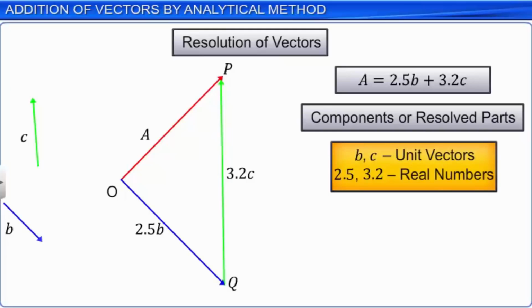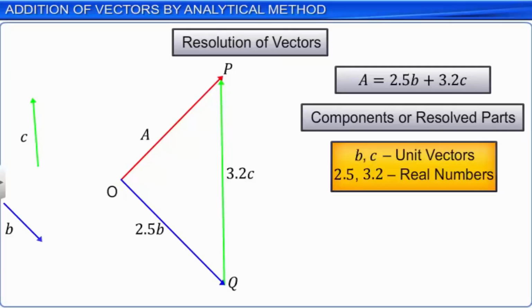Usually, vectors are resolved along the axis of a rectangular coordinate system using unit vectors for convenience. Unit vectors have a magnitude equal to unity, and they indicate a particular direction.